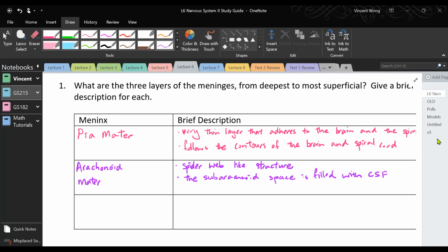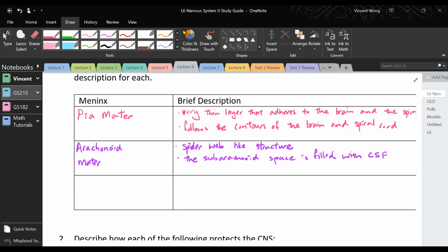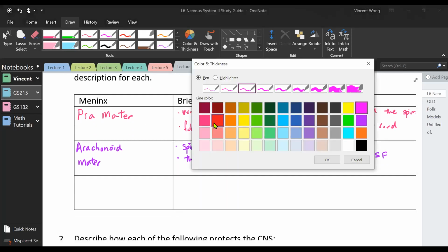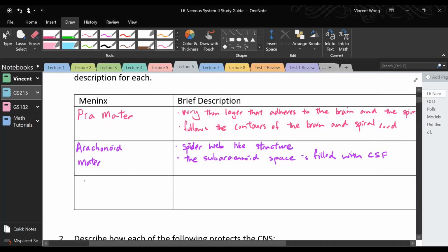Okay, outside of the arachnoid mater is going to be the most superficial layer, and that is, of course, our dura mater.